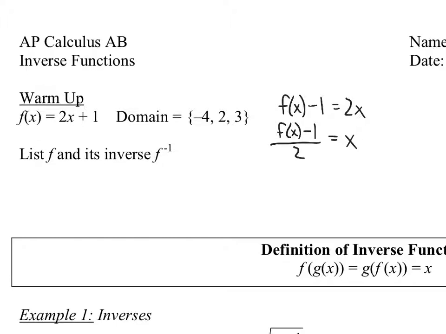But now I need to switch them. And when I switch them, I don't have f of x anymore. I have f prime. Or not f prime, f inverse. Been doing derivatives too much. I have f inverse of x. Okay?